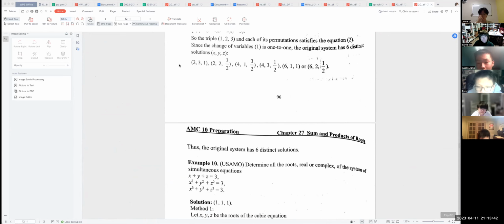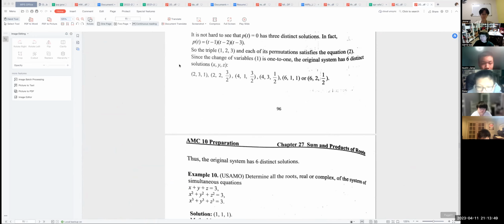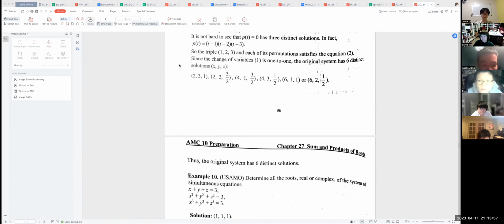Example 10 is exactly the same thing, just a little changed. It's a USAMO. I know Austin will ask me, what is USAMO? This is the Olympiad for United States people. In the end, about 20 students out of the last 60 can represent the United States to compete against the world.